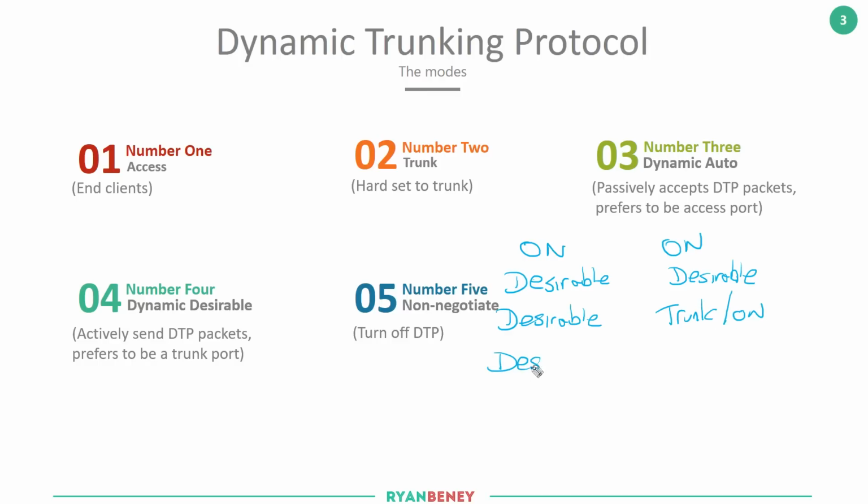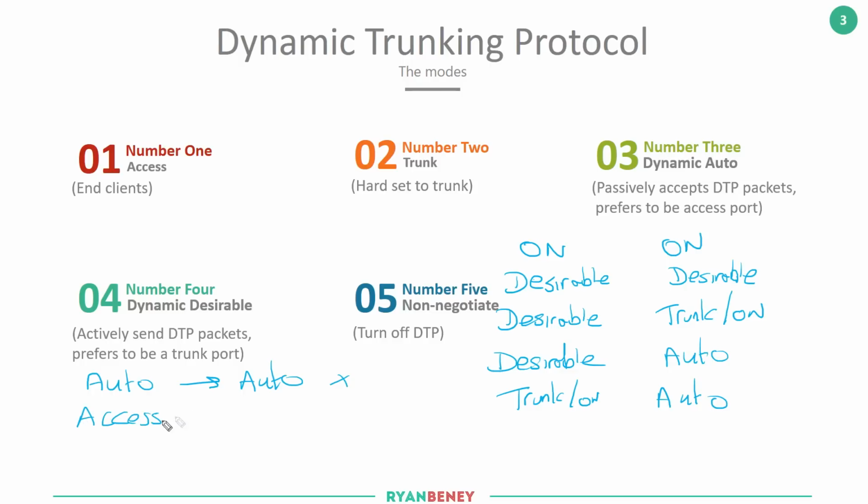If you have desirable and auto, it will form a trunk. And if you have trunk or on with auto, it will form a trunk. So things that won't work is if you have it auto and auto, that won't work. Obviously, if you set it to access manually on one side, that won't work.